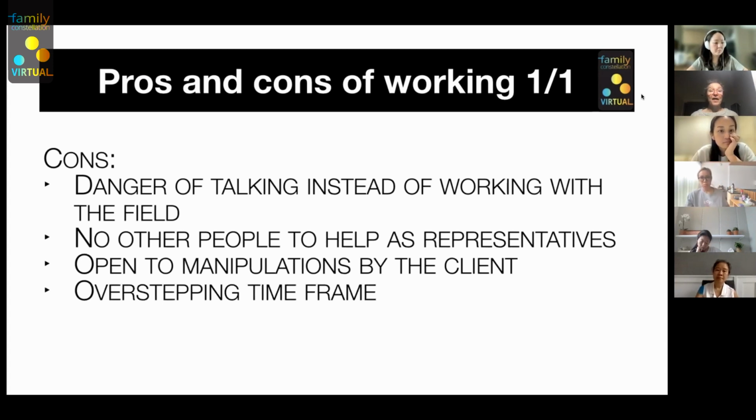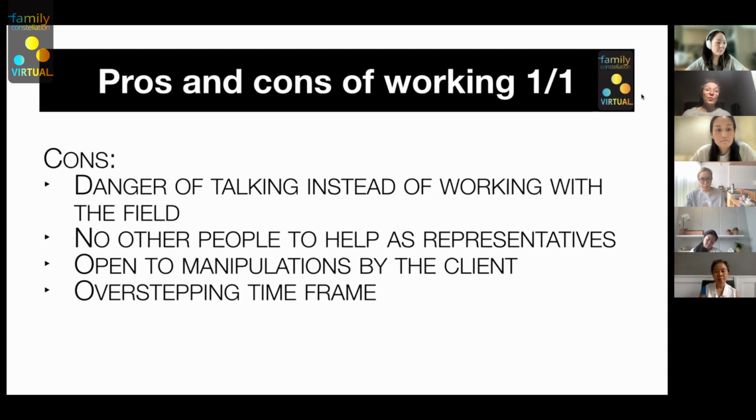I have also found it quite challenging, especially in my first years, to keep to the time frame in one-on-ones, because clients, for starters, talk a lot more in one-on-ones. And then you have the constellation, and the clients want to know something about it because they might not have understood.